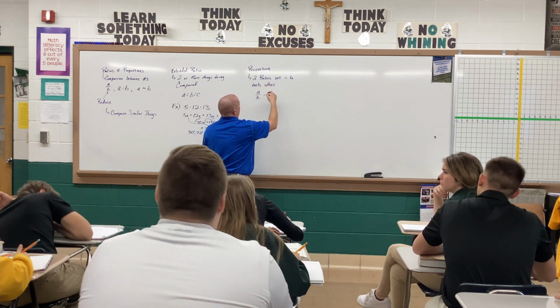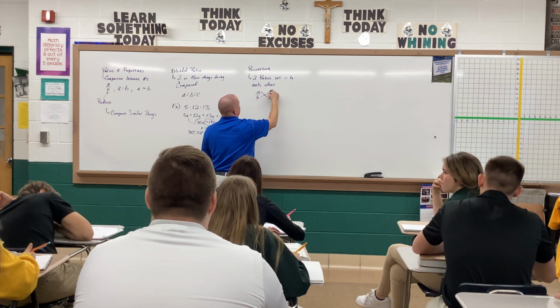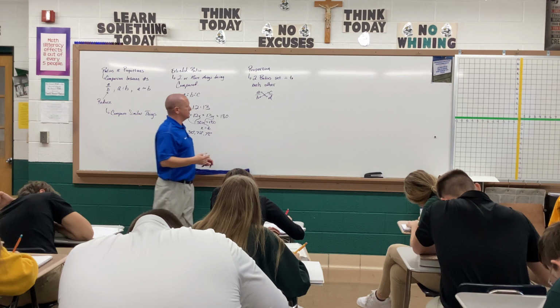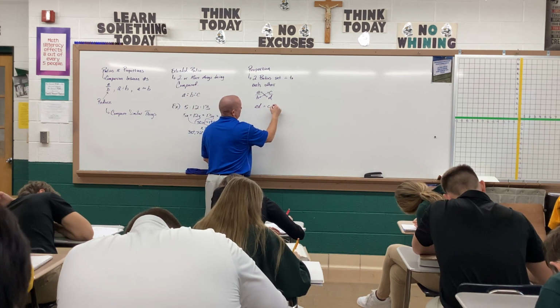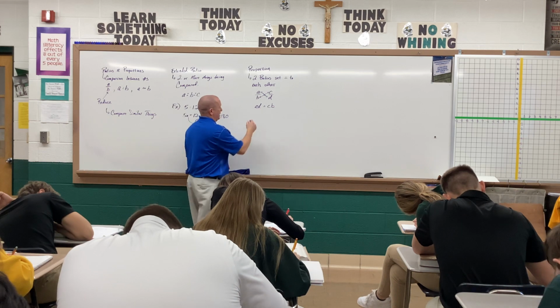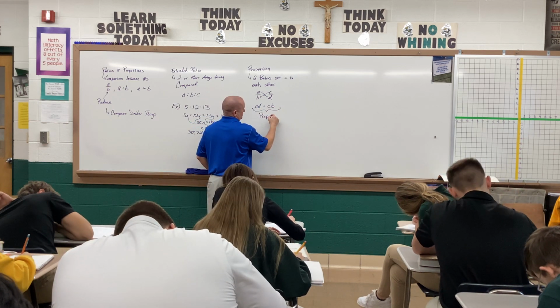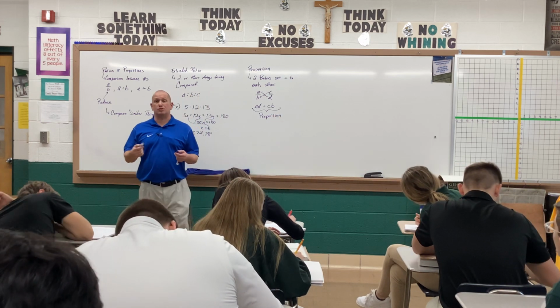How do I figure out if this is true? If I take the cross multiplications, meaning the diagonal multiplications, if AD is equal to CB, then you have a proportion. If they're not equal, you don't. So this is one way of doing it.